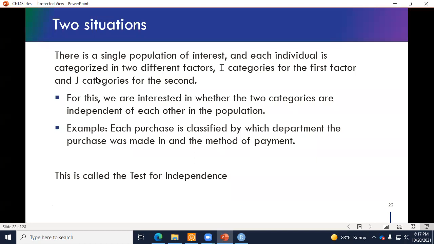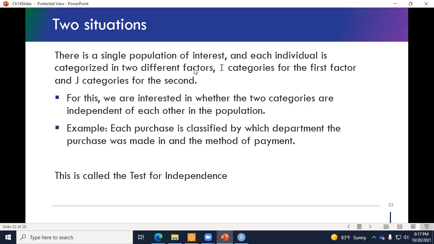So I said we have two different situations when we work with a two-way table. The second situation is that we have a single population of interest, and each individual is categorized into two different factors.